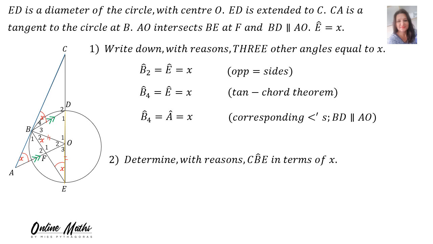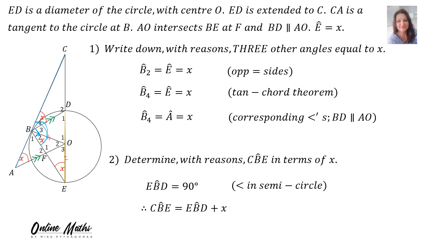Now, angle CBE is this big angle over there, that whole thing. And we can start by saying that angle EBD, this tiny little angle there, is 90 degrees, and the reason is angle in semicircle since DE is the diameter.